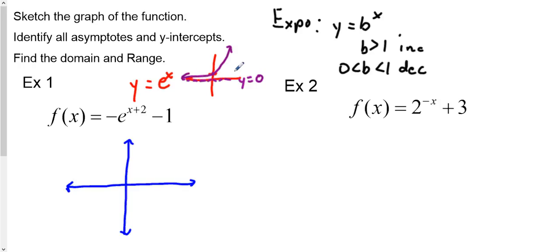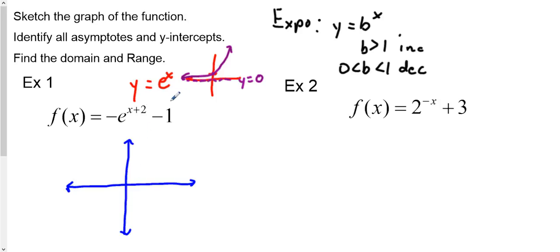Now, from that, we can look at our other exponential graphs, or our transformations, and see what's happening here. What we notice is that all our points are being moved to different places, and that includes our horizontal asymptote. Since it's horizontal, it moves up or down.